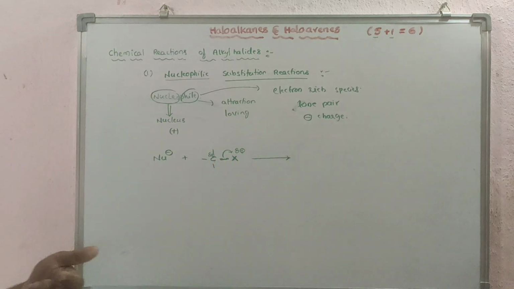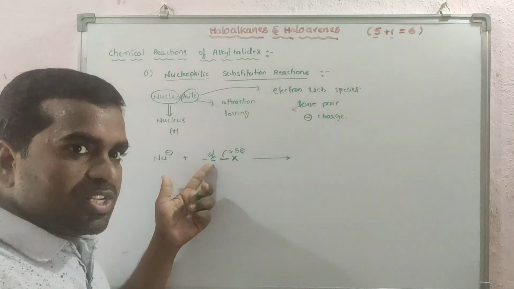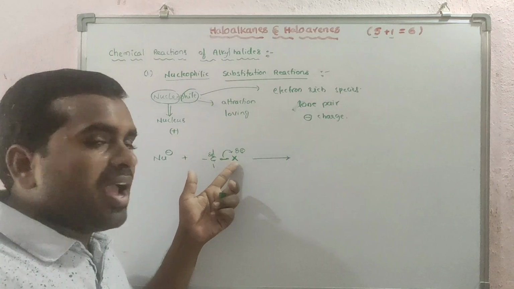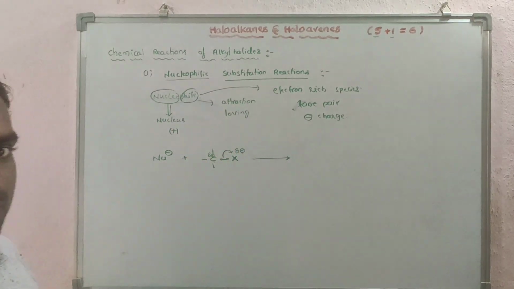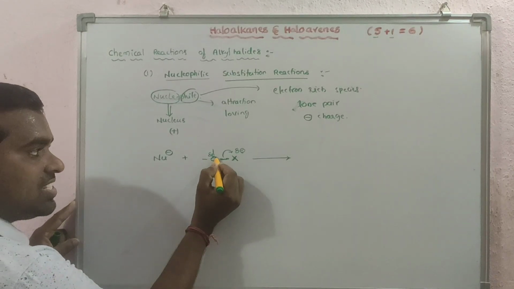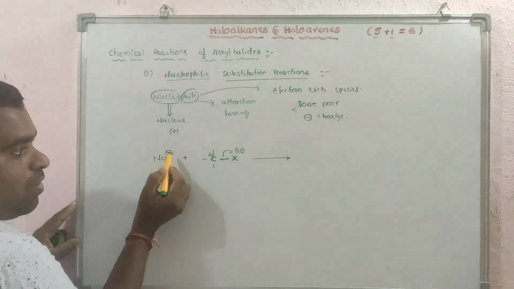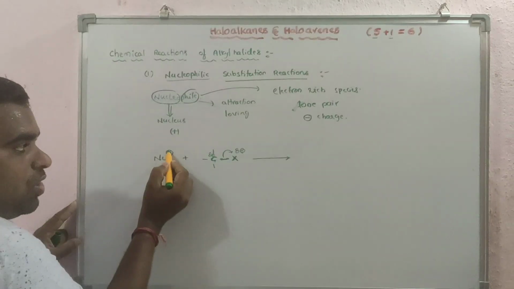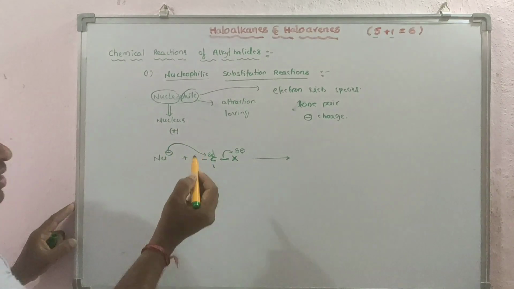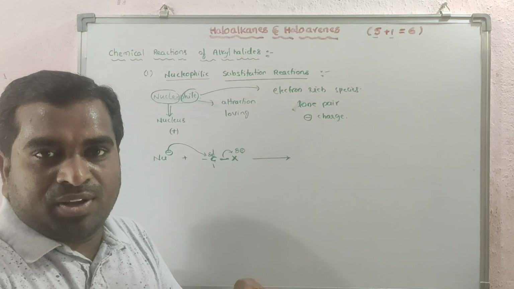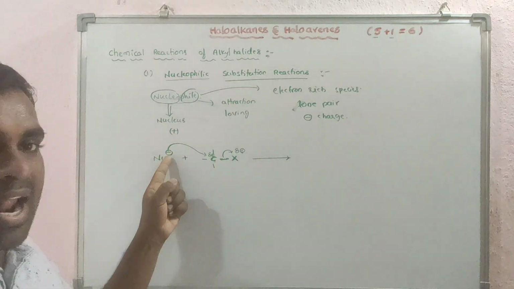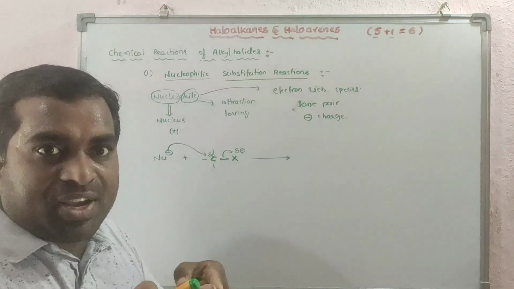Gaining electrons means negative charge, and losing electrons means positive charge. Carbon loses electron density and halogen gains it, so the halogen acquires a negative charge and carbon a positive charge. The nucleophile is electron rich, so it donates electrons to this carbon and makes a bond.